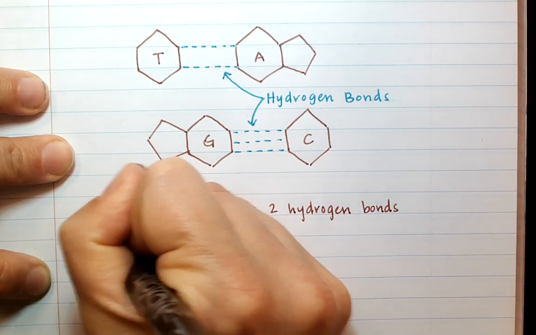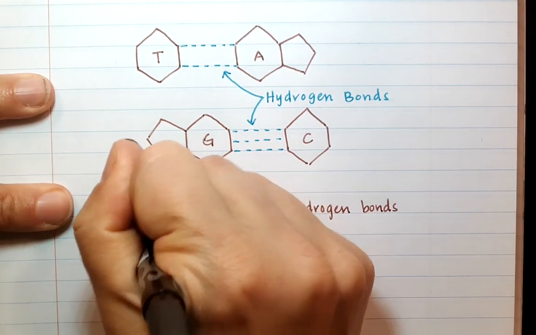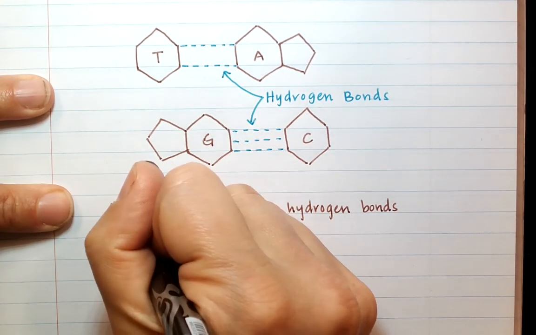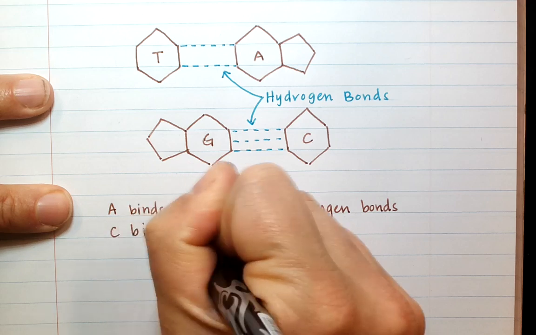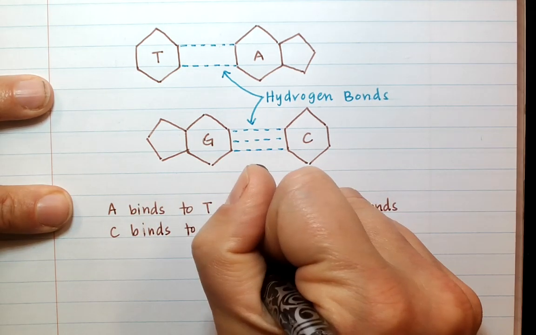And then C binds to G with 3 hydrogen bonds.